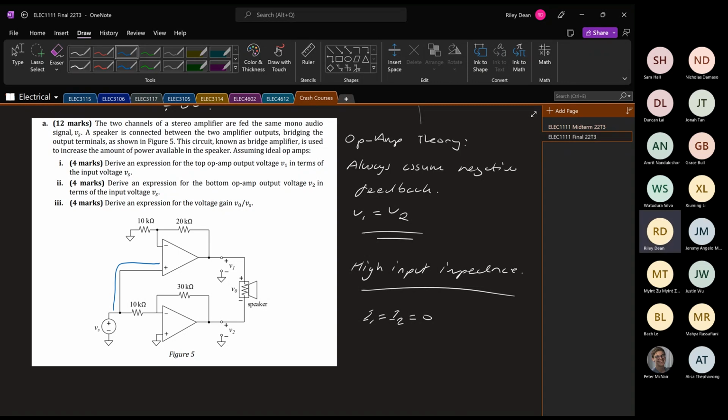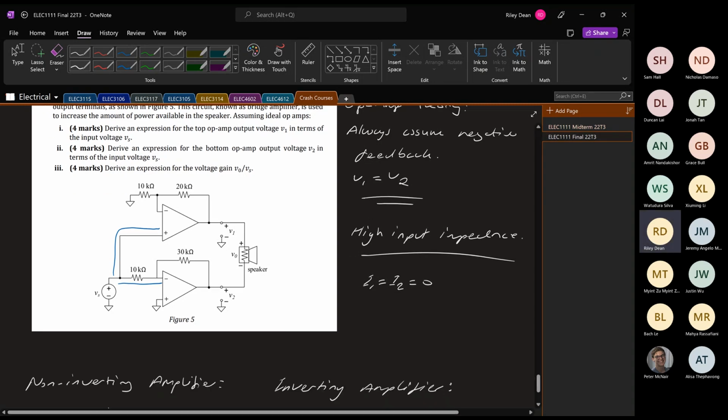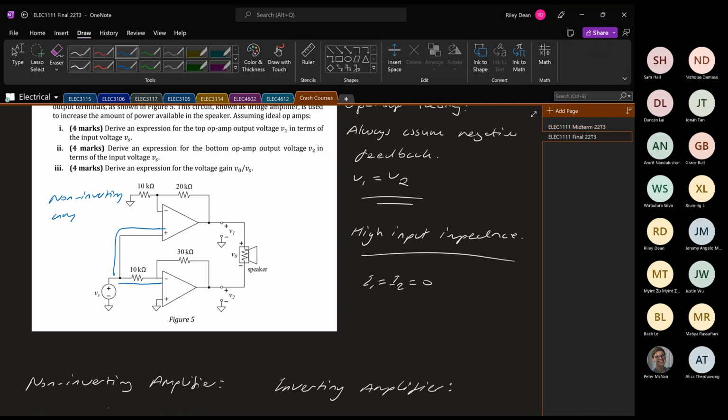Correct. So what I'm just drawing out is actually the path to the source. Awesome, both of you are bang on. What I'm drawing out is the path to the source for both op-amps. We can see the positive terminal is entered by the top, and by the bottom op-amp we have the negative terminal.